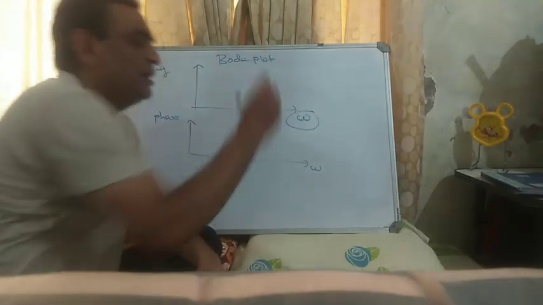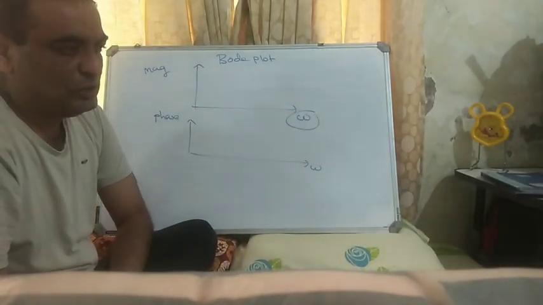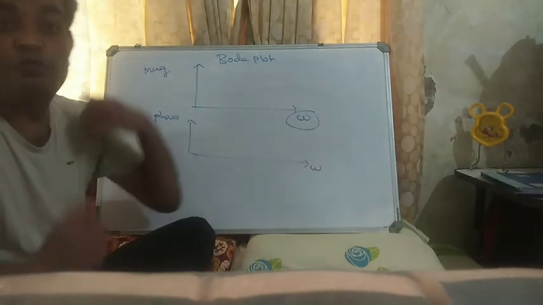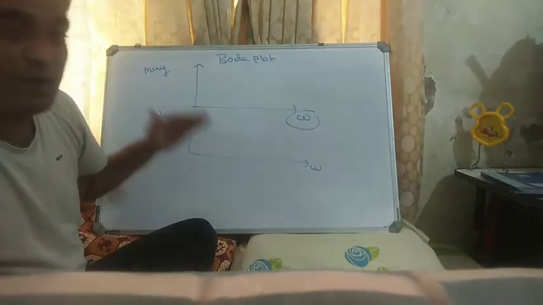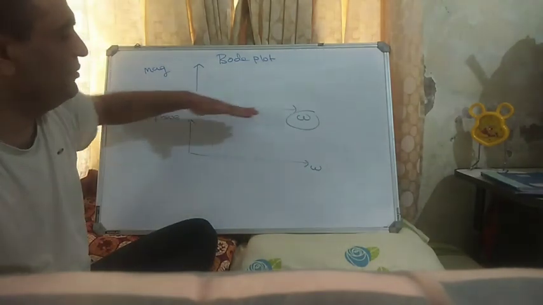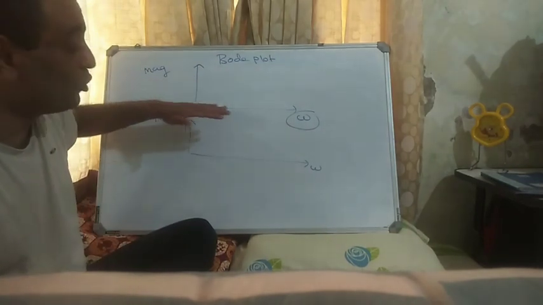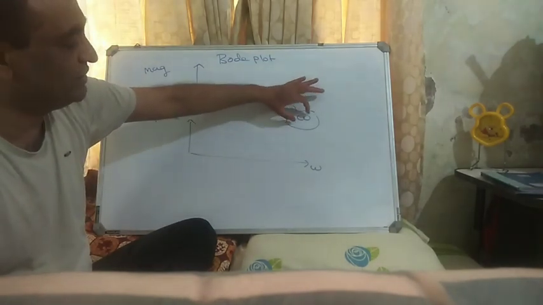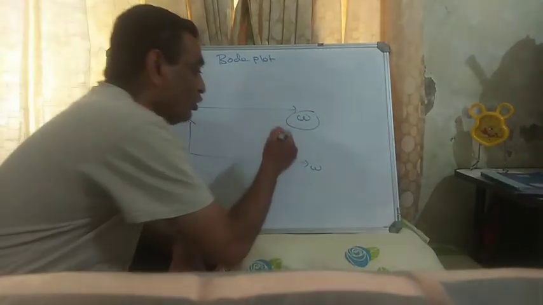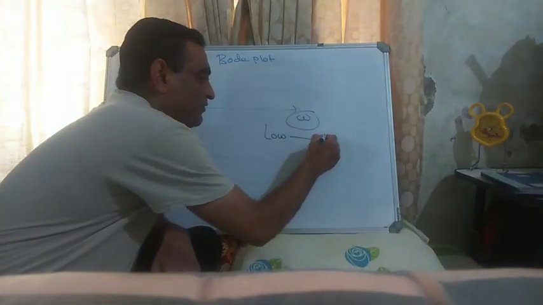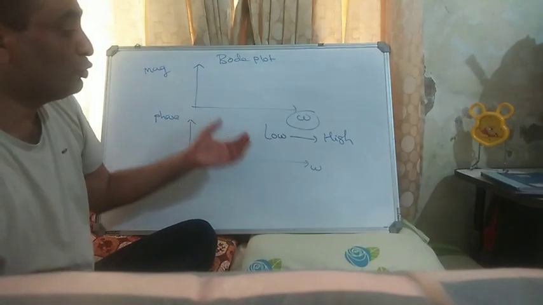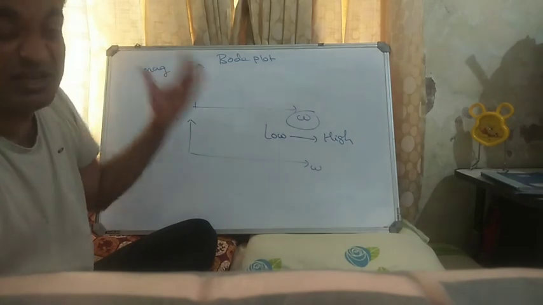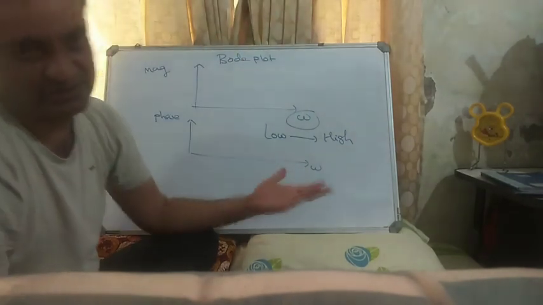Now here, ω is the frequency, so I need to change the frequency from very low frequency to very high frequency. So probably a linear scale, a normal plot, will not suffice for my purpose, because I need to accommodate frequency from very low to very high, let's say from 10 raised to minus 3 hertz to, let's say, 10 raised to 6 hertz, something like that.